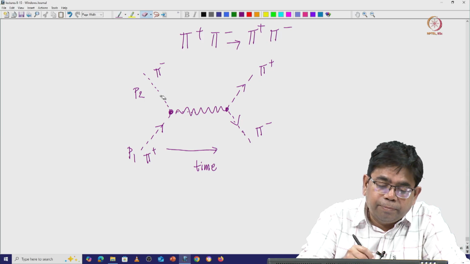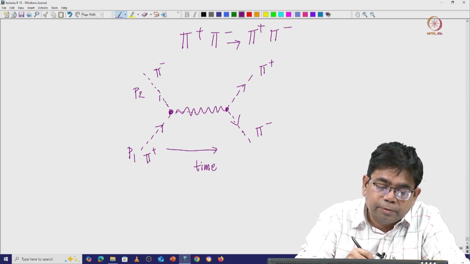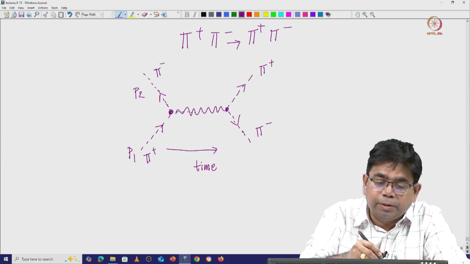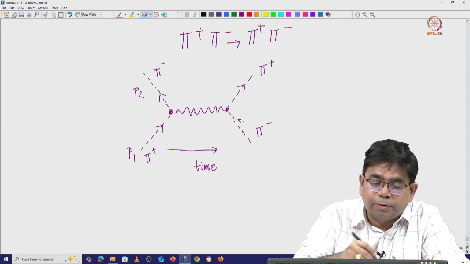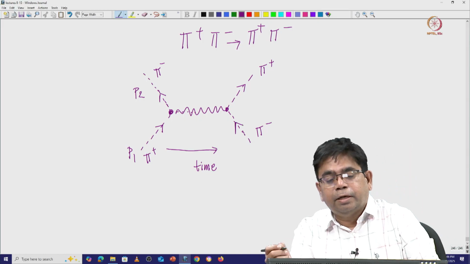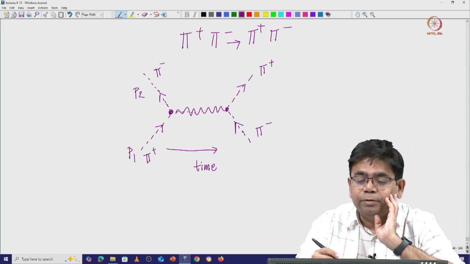Okay, I think, sorry, my arrows are wrong. Yeah, now the charge lines are conserved. So the charges are conserved.